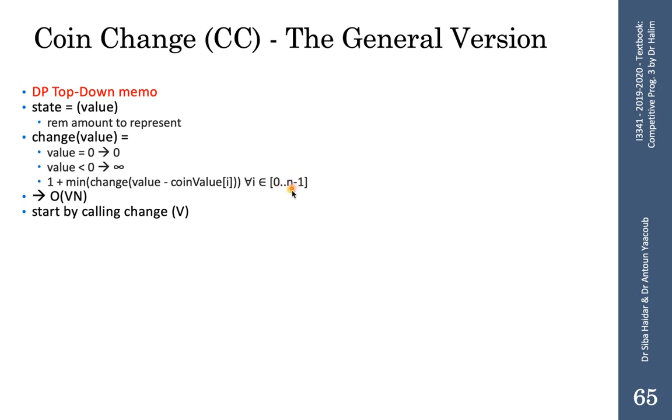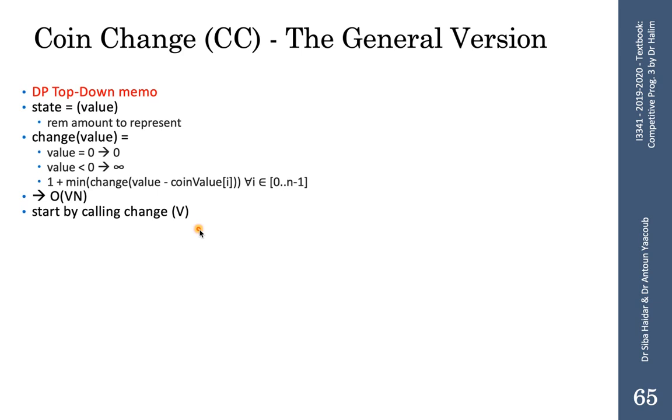So we try each coin value: we subtract this coin value from our current value, and take the minimum number of coins to represent the remainder, plus 1 because of the coin value under consideration. So the minimum amount will be returned by our function. We will see this in a while.